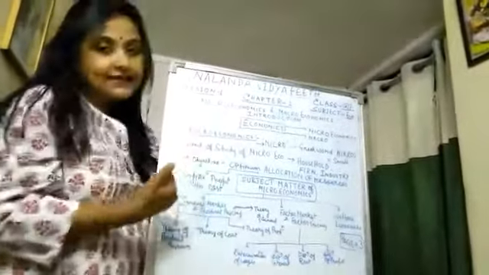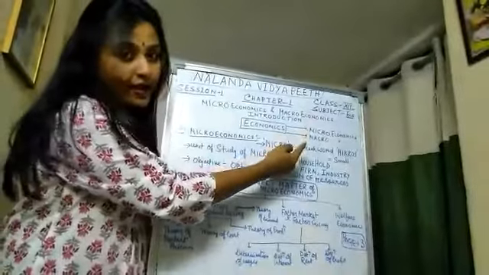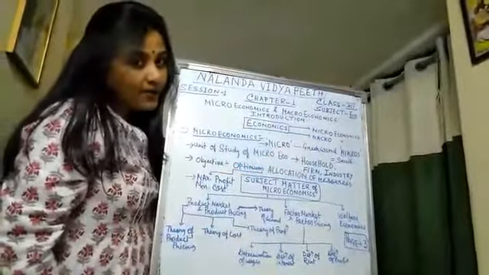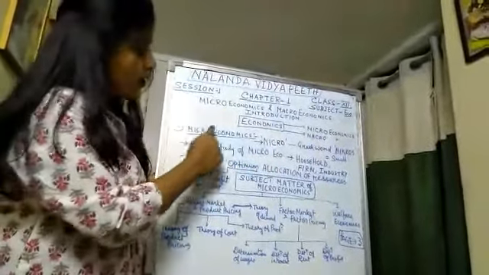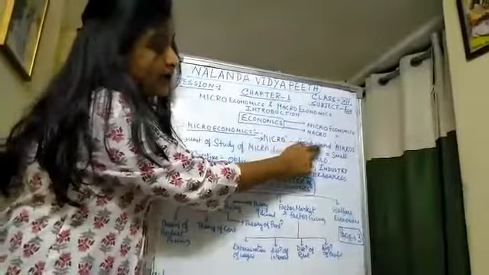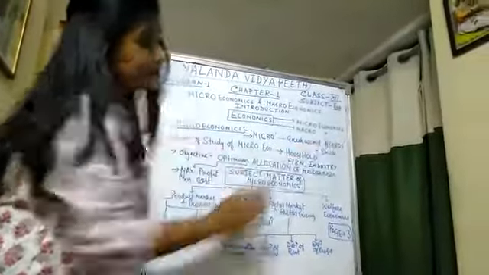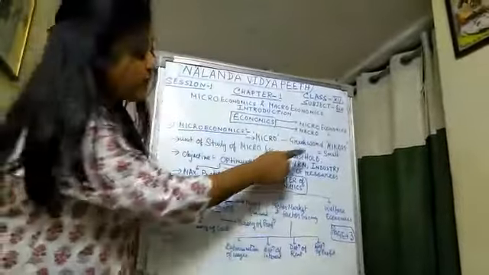Let us see that economics is divided into two. What are these two? One is microeconomics, the other is macroeconomics. The word micro came from the Greek word mikros, M-I-K-R-O-S, which means small.